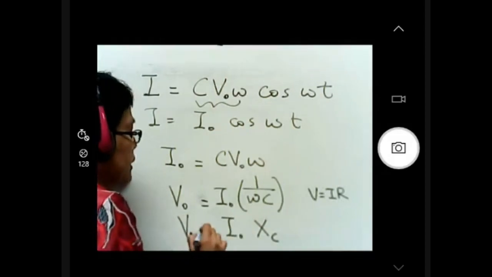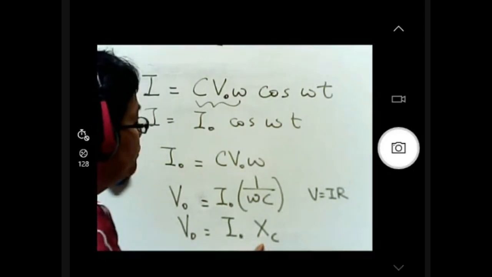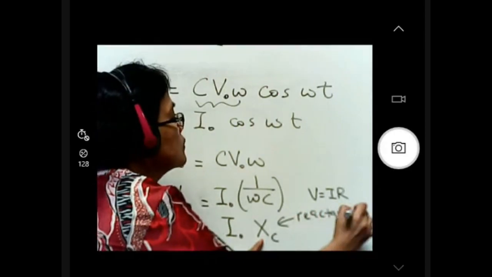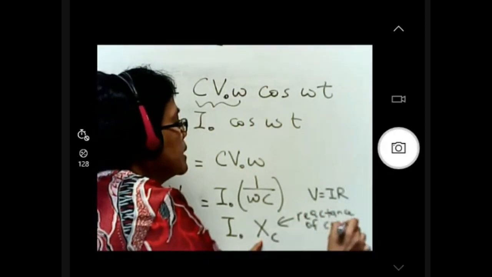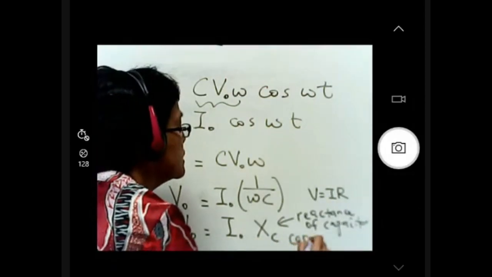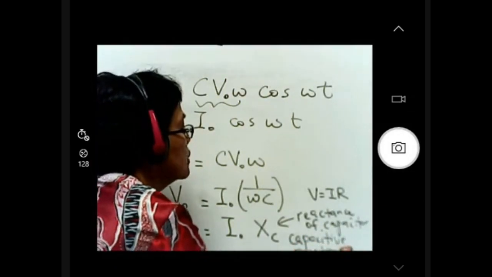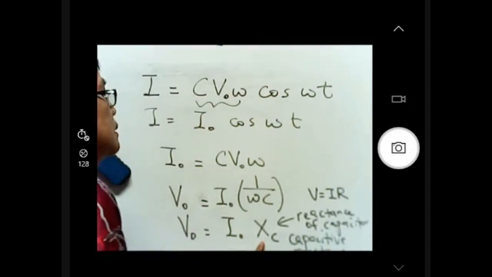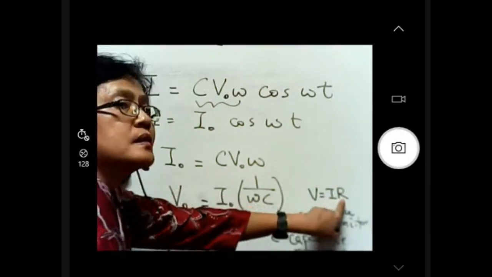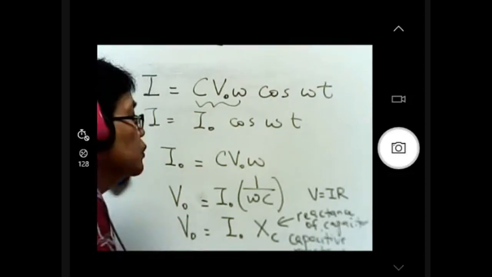So this is called reactance of capacitor, or we call it capacitive reactance also. The unit of reactance will be the same as the unit of resistance, because both are the opposition to the flow of alternating current. So the unit will be in ohm.